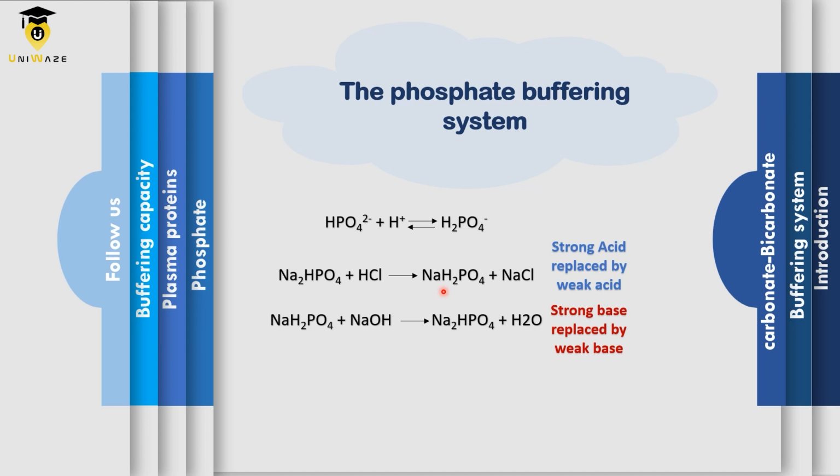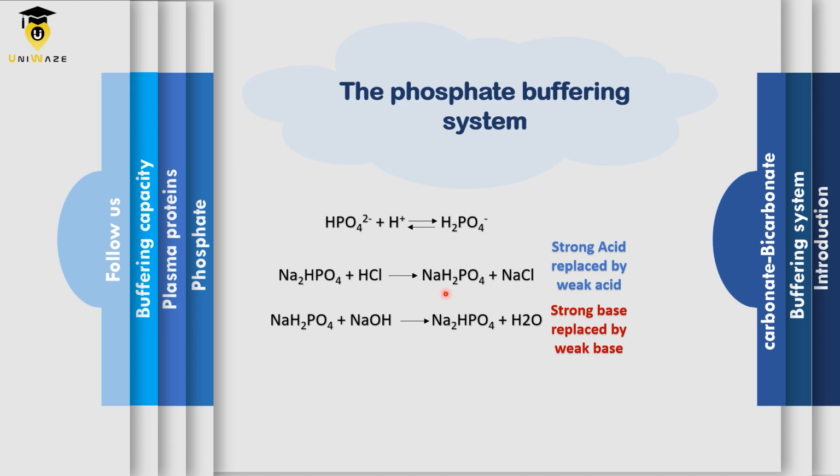Phosphates have a very high buffering capacity and are highly soluble in water. Whenever hydrochloric acid, which is a strong acid, is added, this buffering system converts that to a weak acid, such as monosodium phosphate, whose ionization is much lower than HCl's, so it avoids drastic change of pH level.